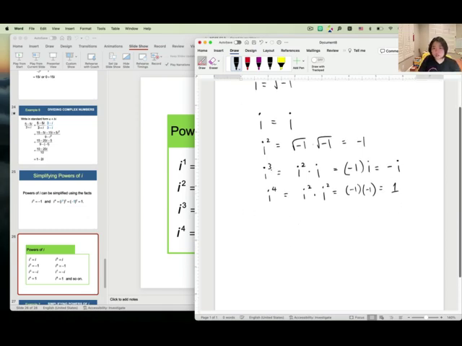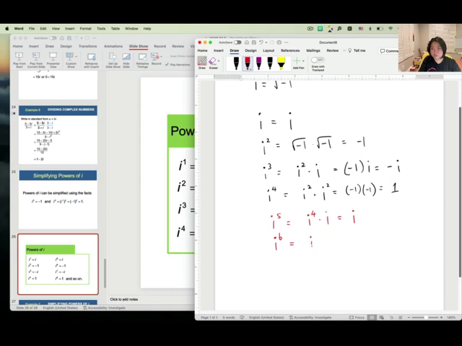Okay, right? So keep working on it. Now I'm going to do i to the power of 5. I could break it down: i to the power of 4 times i. You know this guy from here, that's going to be equal to 1. So I only have an i here. i to the power of 6, you could take advantage of this guy.